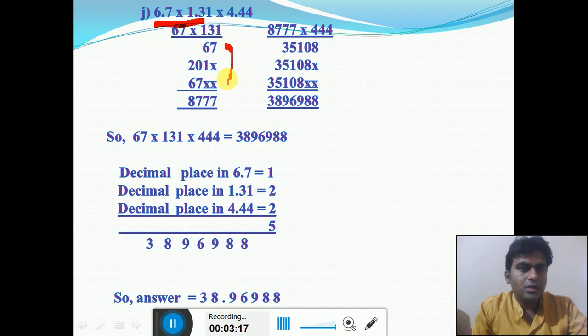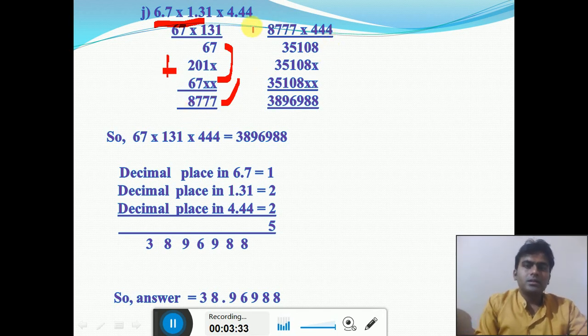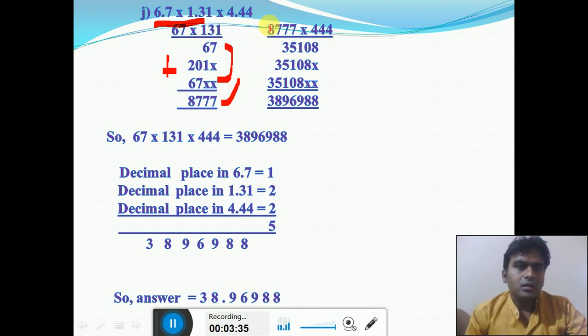So as we got by multiplying 67 and 131, 8777. After adding all three, I think you know how to multiply and get the answer. Now next, whatever answer we got, we will multiply with the third number.